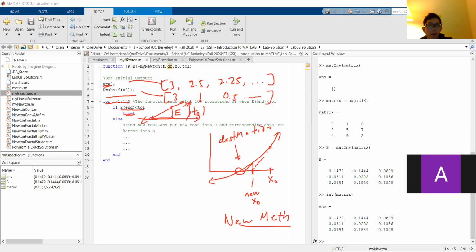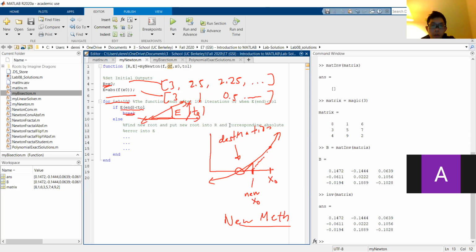Now, help me out with this next part. How are we going to get the new root? There are 3 parts actually: find the new root, put the new root into R, and put the corresponding error into E. Let's put this into one single line. New root, how do we find that?